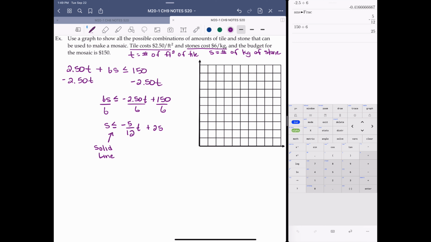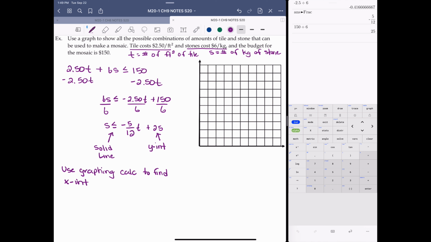This slope is kind of hard to use to graph, but we can use our y-intercept to plot a point. And then we can also use our graphing calc to find the x-intercept to help us draw the graph.